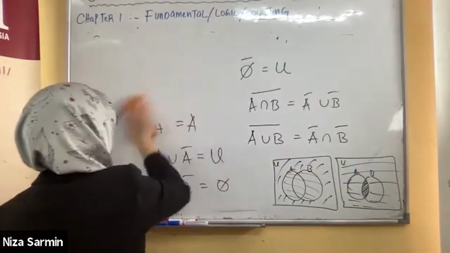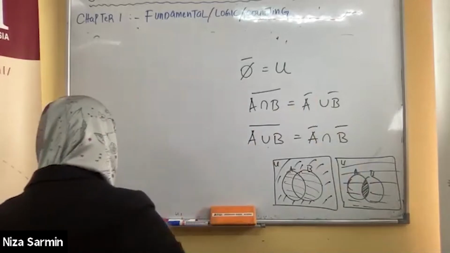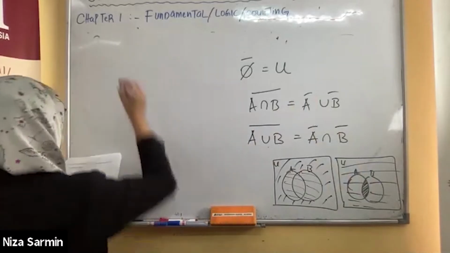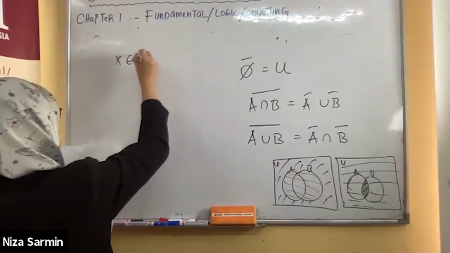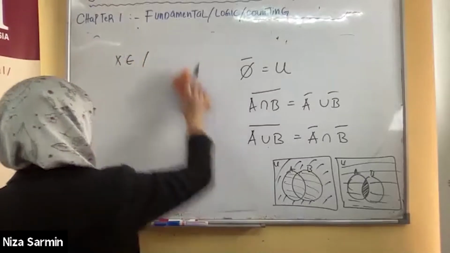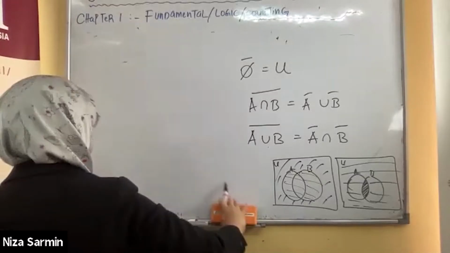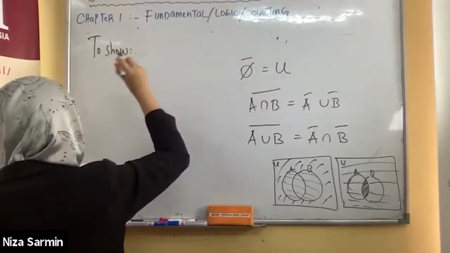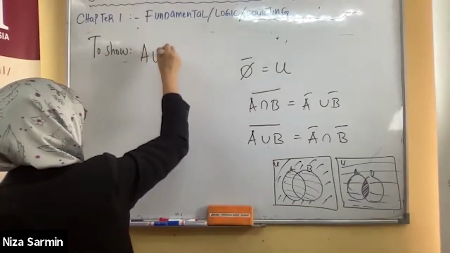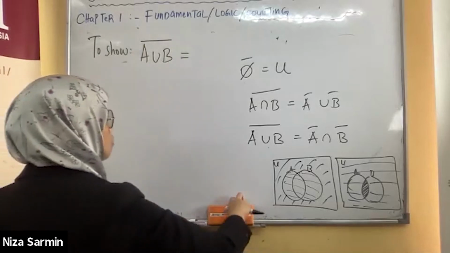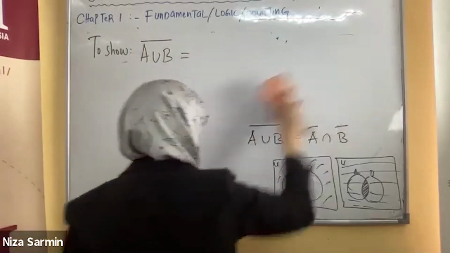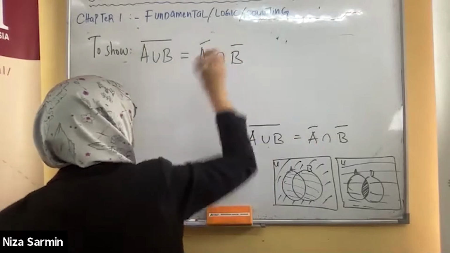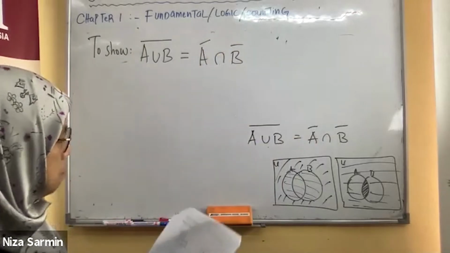How do you show, to show A union B complement equals A complement intersect B complement?